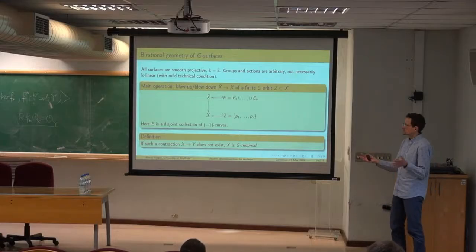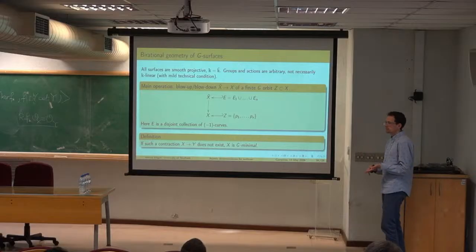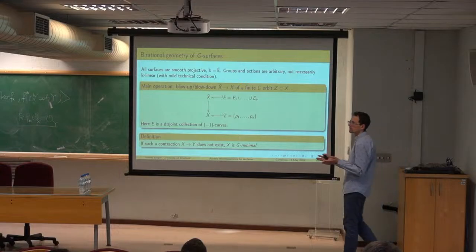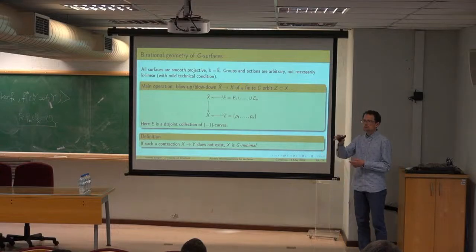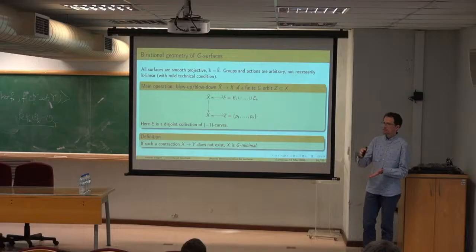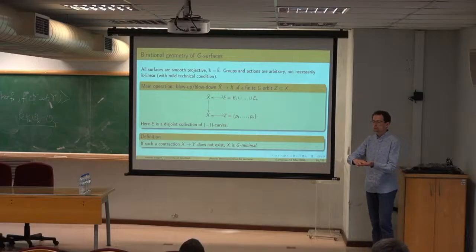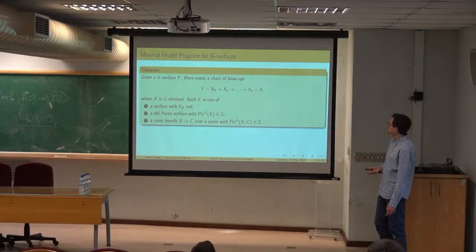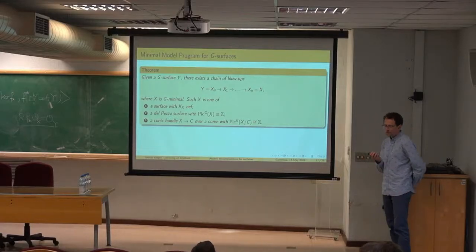And if you have a surface which cannot be equivariantly contracted, it is called G-minimal. So how do we construct a minimal model for a given surface? We contract G-equivariantly as far as we can, and then we terminate at a G-minimal surface. Such a G-minimal surface can be of one of three types.